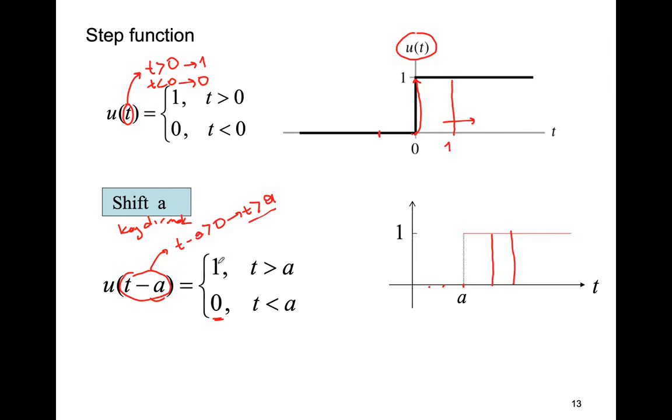If this is true, my output will be 1. What does it mean? t greater than a seconds, after a seconds, for all time instants, my voltage, or my value, will be 1. I hope you understand the step function.